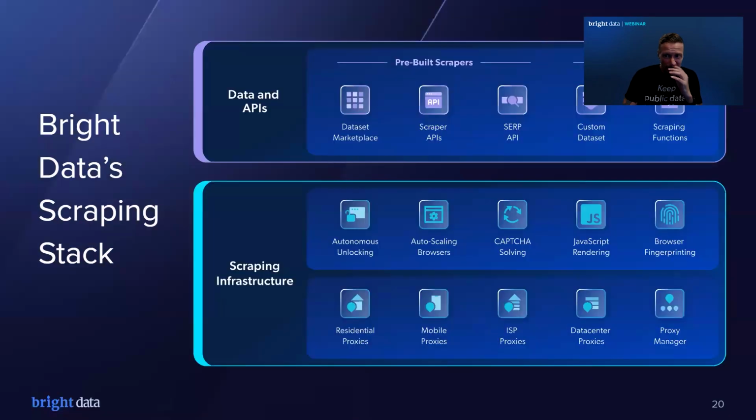I also want to mention a couple of other things that Bright Data has for people that don't really want to be involved in creating the collectors. We have scraper APIs already pre-built for a lot of websites, so you can literally send an API request with an input and get the data. We have datasets where you can already purchase the data. So you don't always need a department to collect data.